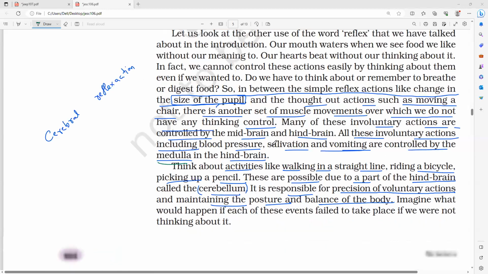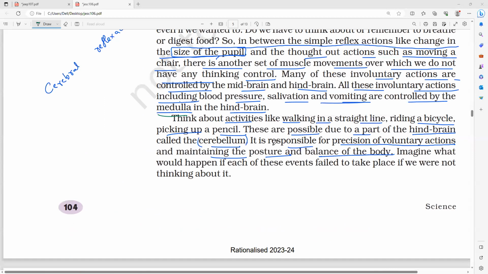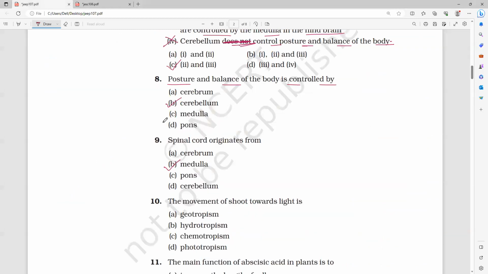If you have written the classwork, you can see that. Am I right? Yes, sir. So spinal cord originates from medulla.